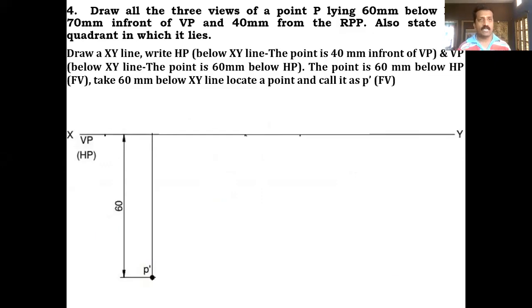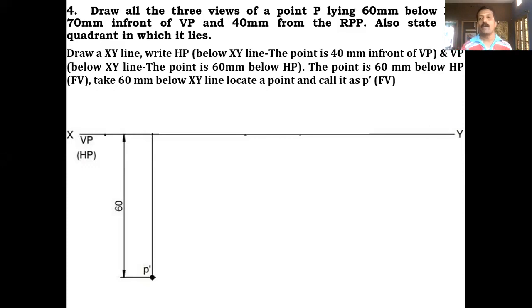The fourth one says: draw all the three views of a point P lying 60 millimeter below HP, 70 millimeter in front of VP, and 40 millimeter from RPP. Also state the quadrant in which it lies. By reading it, what you can conclude is that point P is 60 millimeter below HP and 70 millimeter in front of VP, so it comes under the fourth quadrant.